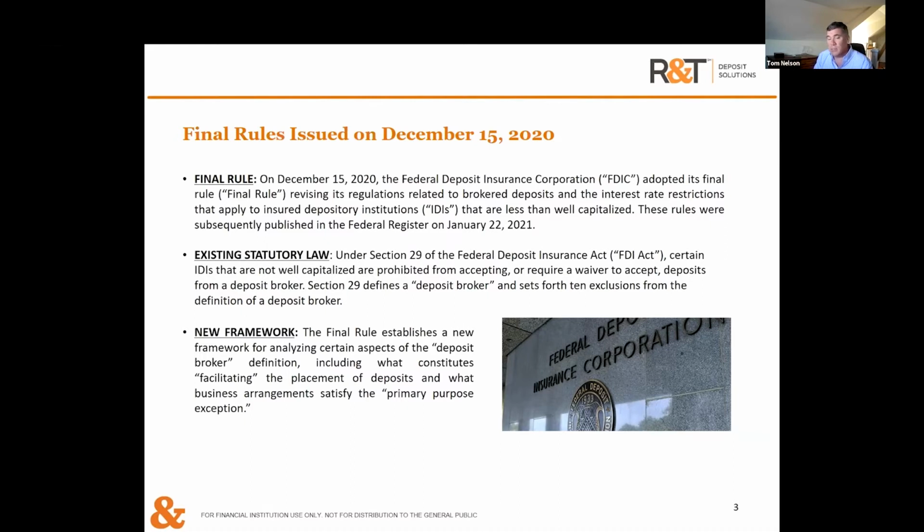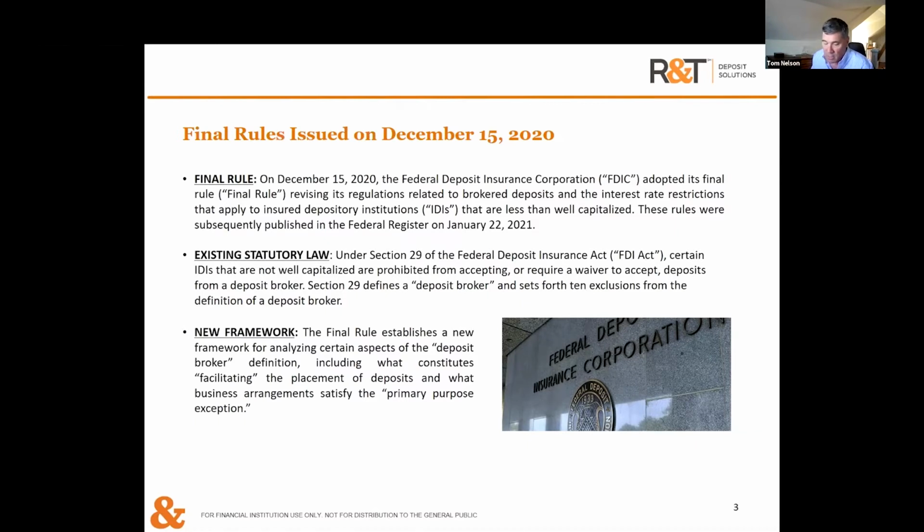Whether somebody is or is not a deposit broker, it sets forth exclusions from the rules, and it sets a single set of rules for what is and isn't a deposit broker.